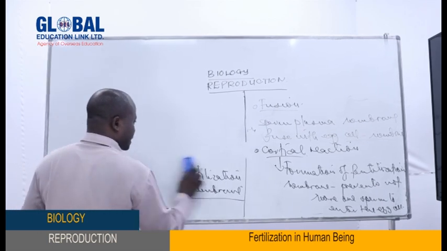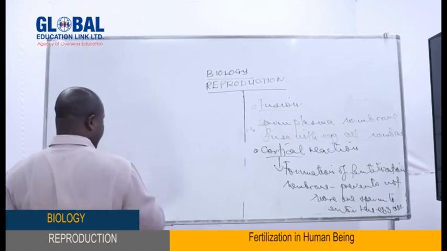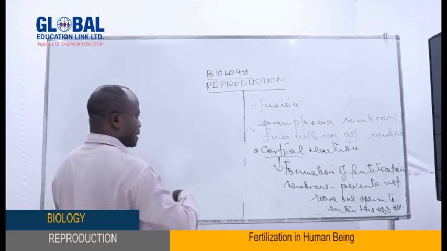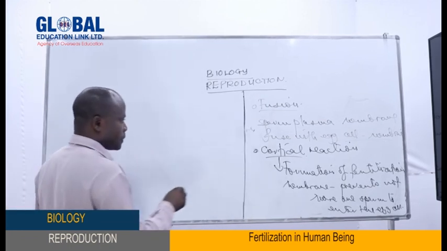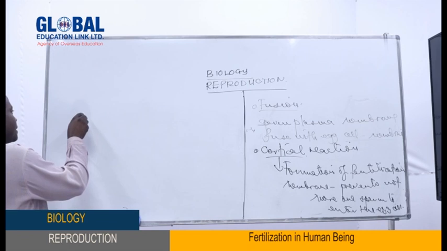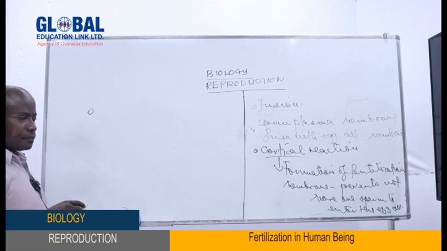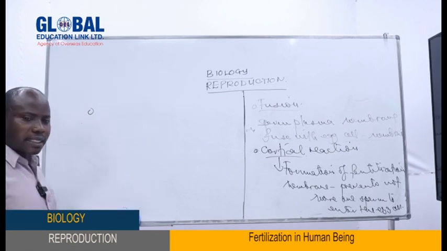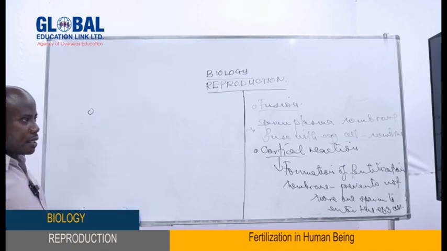The cortical reaction has just taken place. The next process is process number 5. Once the sperm head is inside the cytoplasm, it finds its way toward the female reproductive cell nucleus.